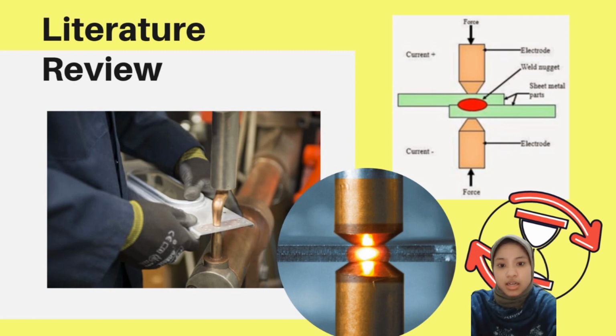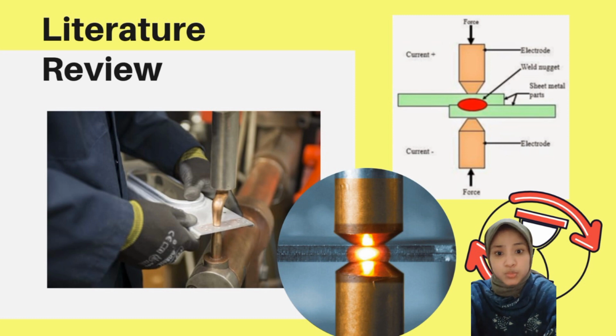Welding is a metal joining technique by melting some of base metal and filler metal with or without pressure, and with or without additional metal, and produce a continuous connection.